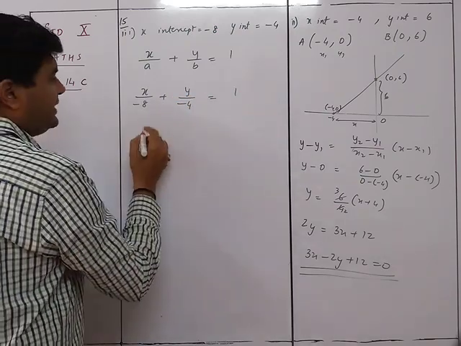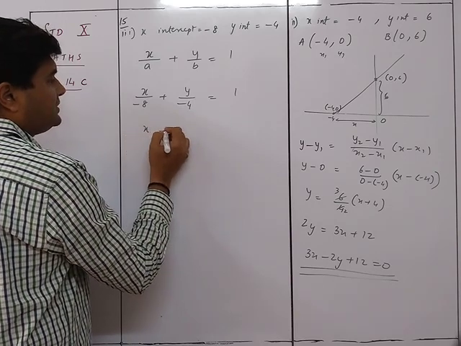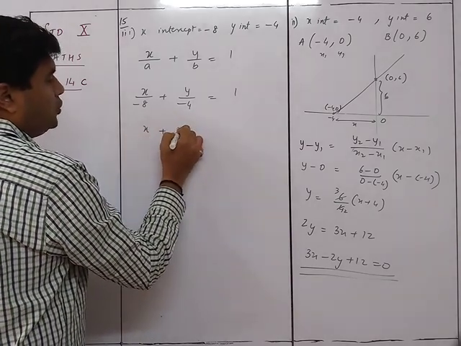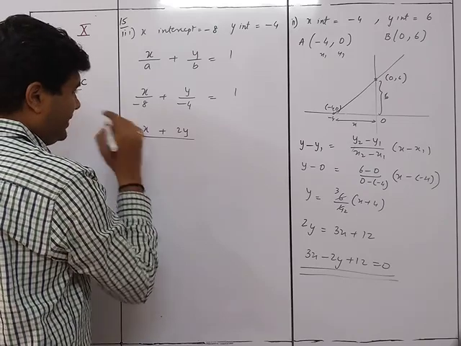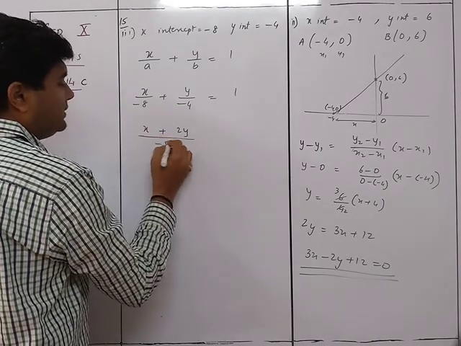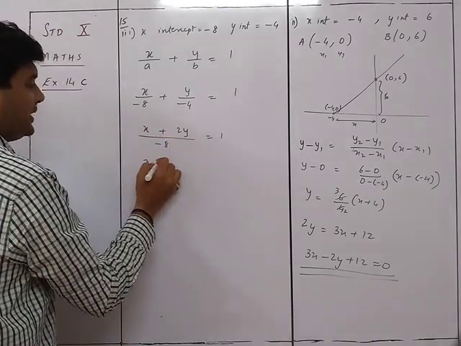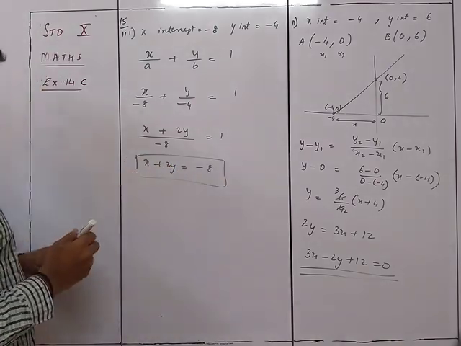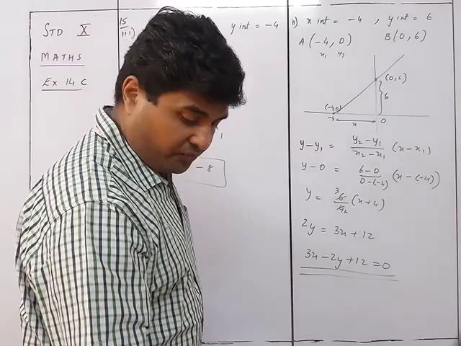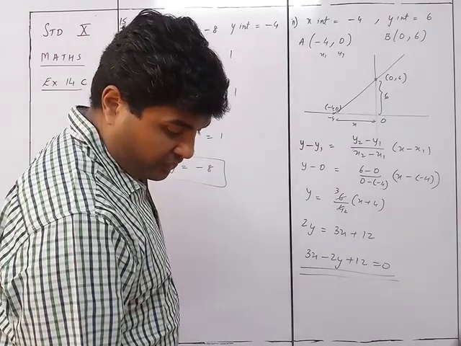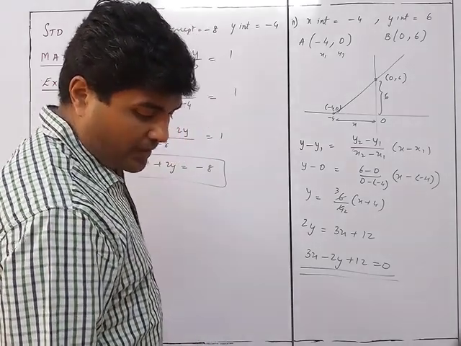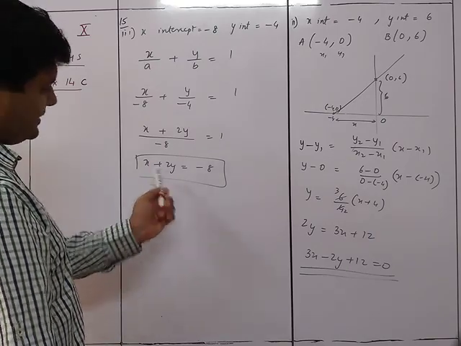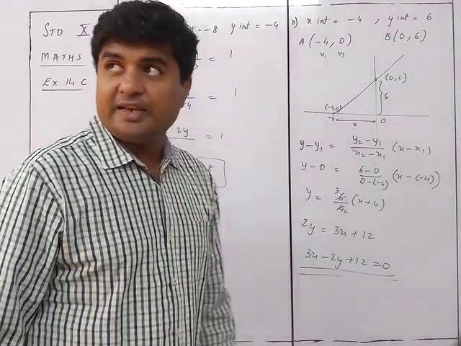LCM being 8 itself, it is x plus 2y upon minus 8 is equal to 1. So x plus 2y is equal to minus 8. That's the equation for the third part of sum 15. So it is x plus 2y plus 8 is equal to 0, one and the same thing.